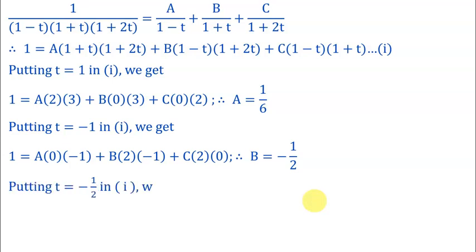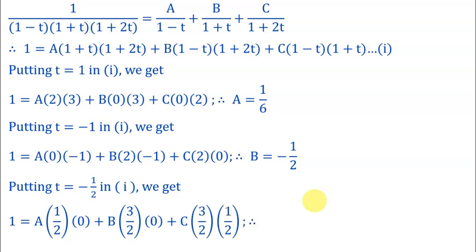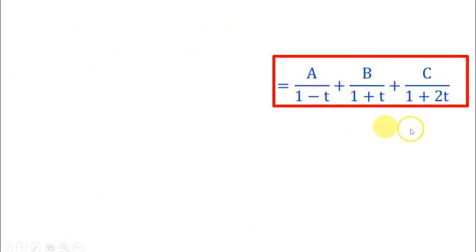And lastly, put t is equal to minus 1 upon 2, then you will get the value of c. a and b will become 0 there, and the value of c is 4 by 3. It's a very simple calculation. These are the values of a, b, c. Now, this is very important.